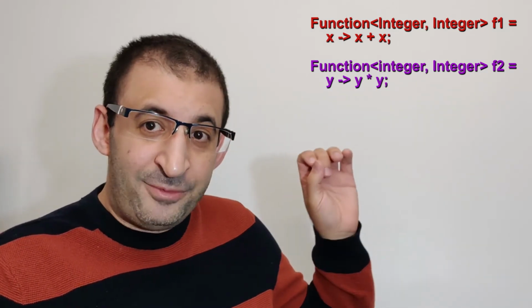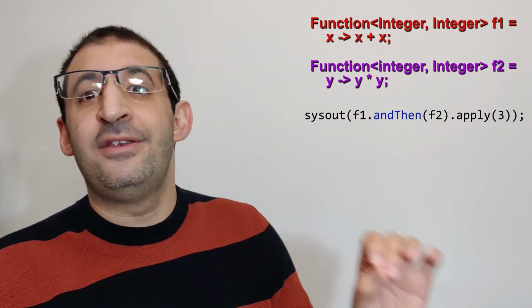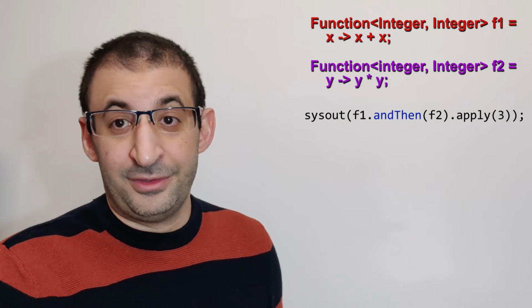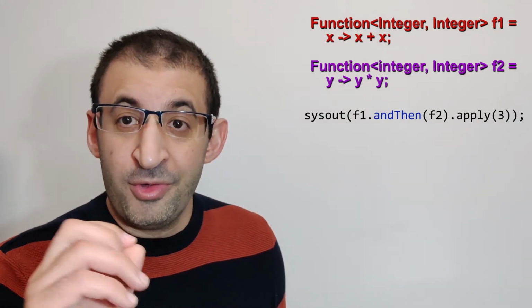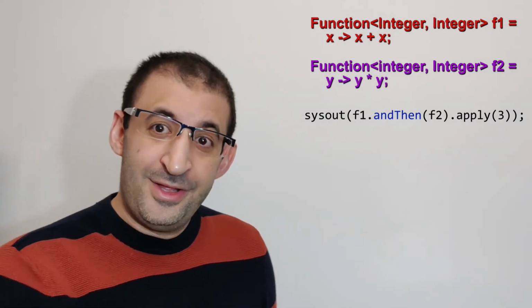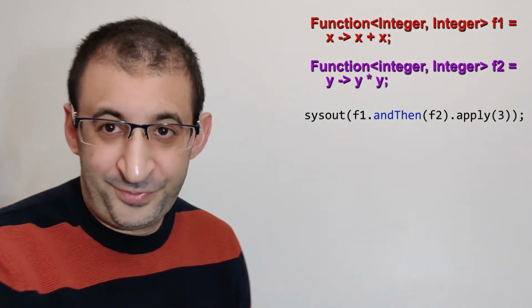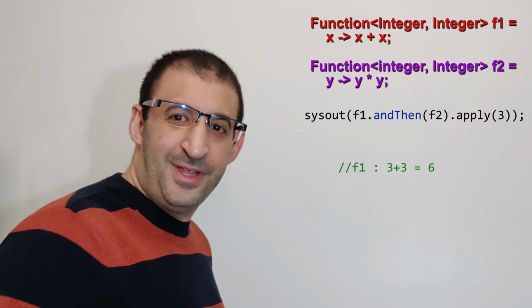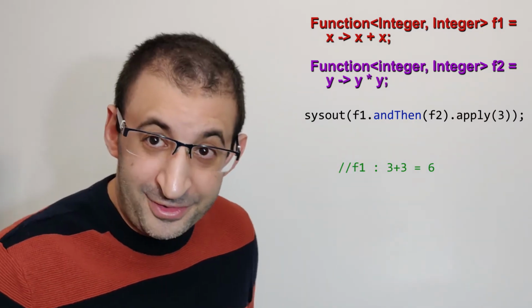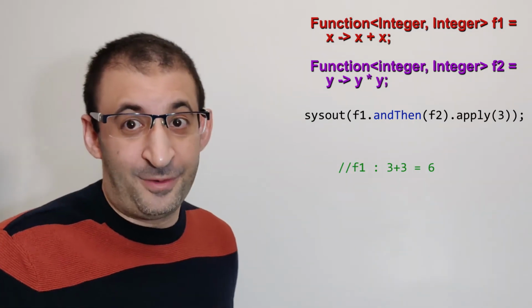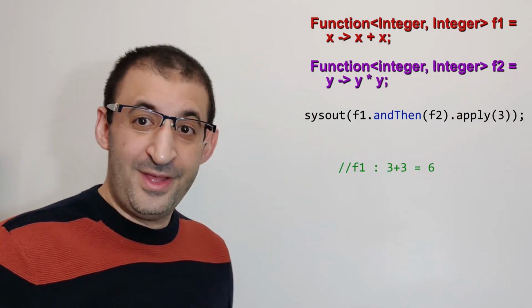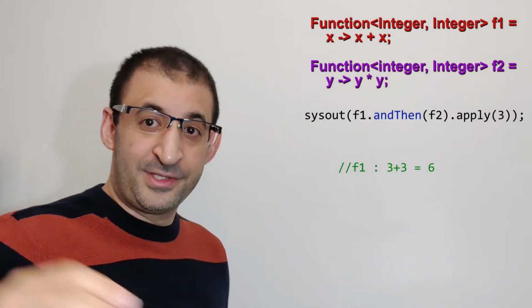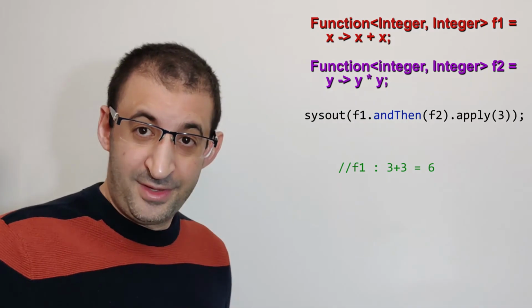Now if I make System.out.println f1 dot andThen f2 dot apply 3, what will I get as a result? Let's practice. f1 is the first one, because of andThen, so I will call f1. f1 makes x plus x, so it means 3 plus 3.